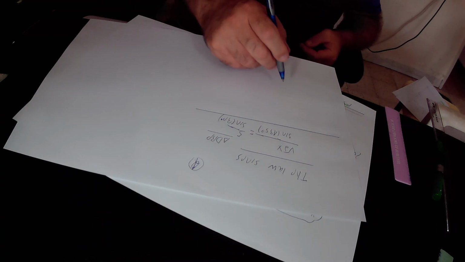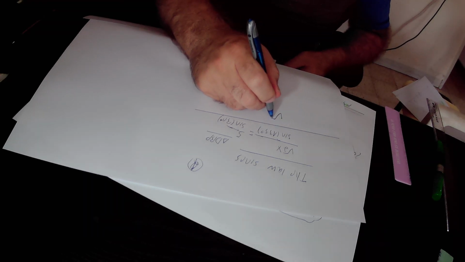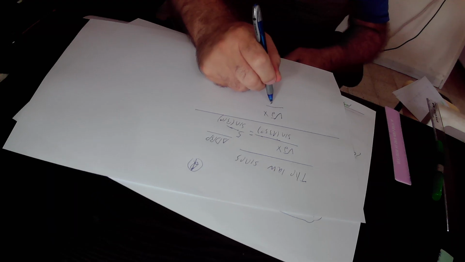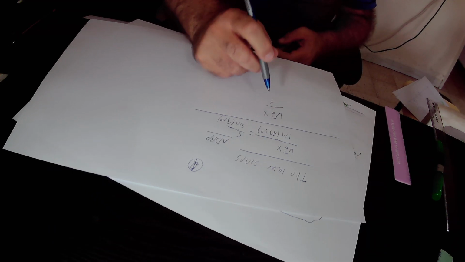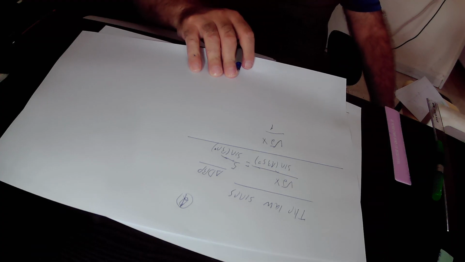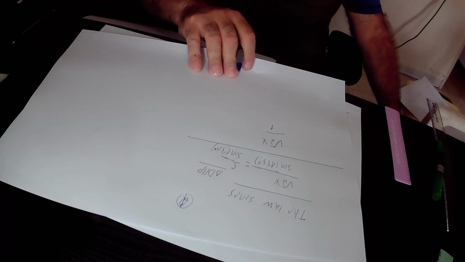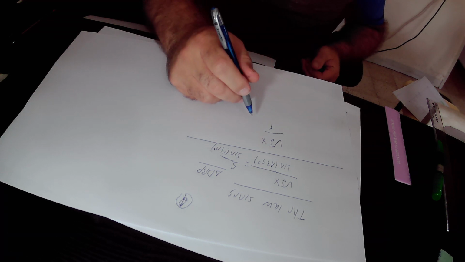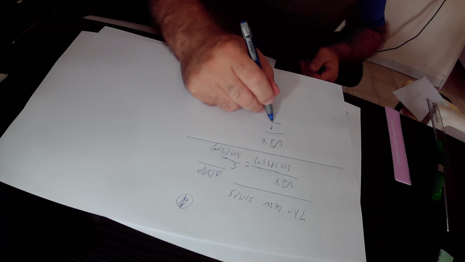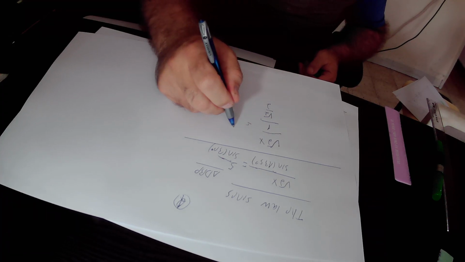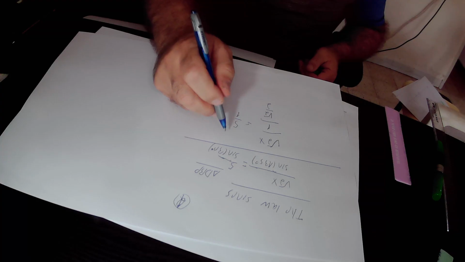So it is square root of 2 times x over sine 135 degrees. Sine 135 degrees is equal to square root of 2 over 2. And it equals 5 over sine 30 degrees.